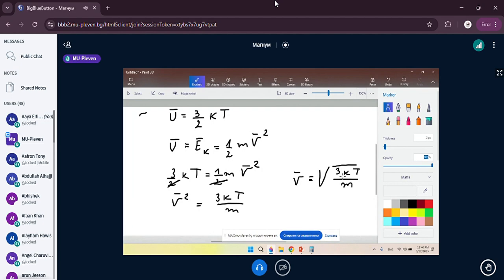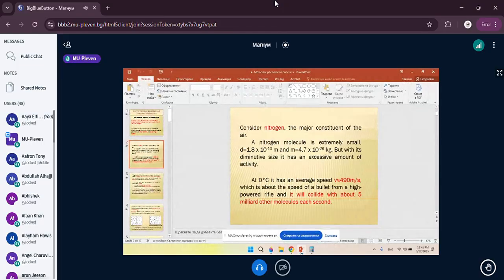In this formula, k, I told you, I have the book here, and the page is 9. The Boltzmann constant is in the third position, 1.38 times 10 power minus 23 joule per Kelvin. So this is the value. For temperature, in the presentation you can see that the velocity is given at 0 degrees Celsius.